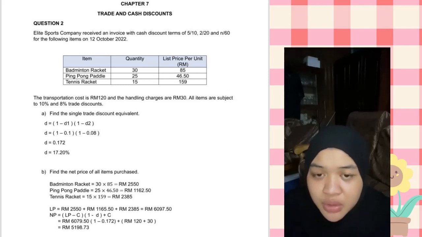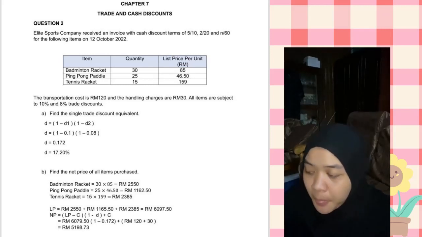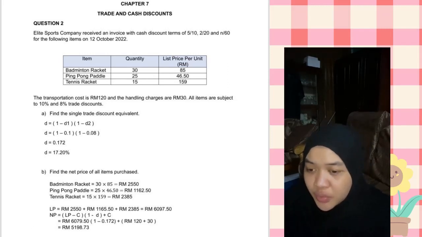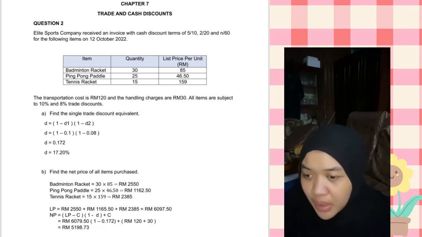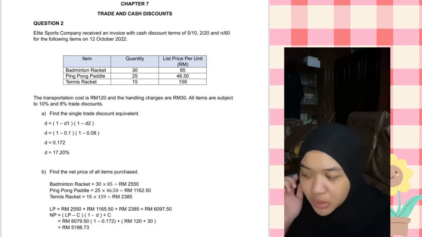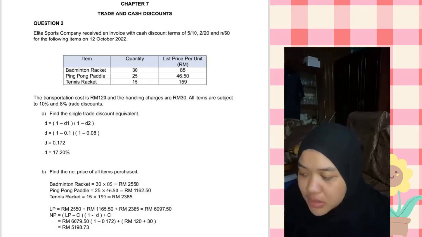So the first question is A. Find the single trade discount equivalent. So we use this formula. D equal 1 minus (1 minus D1)(1 minus D2).